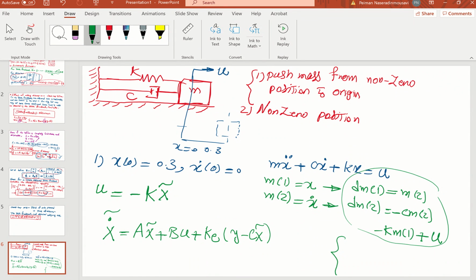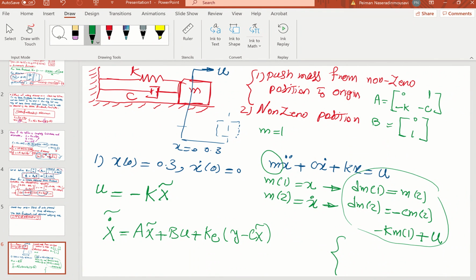So A from here, you see that from here, A matrix gonna be what? A matrix is 0 1 and minus k minus c. That's right. And the B, it is what? Single input, single output is 1 over m, assuming that the m is 1. This m is 1. Is 0 and 1. That's right.